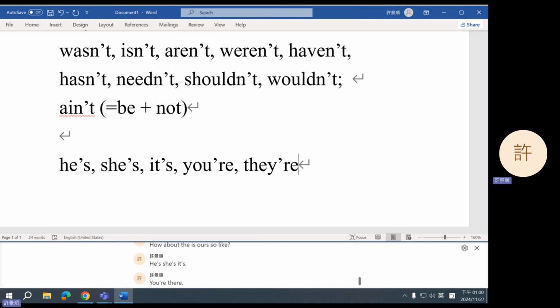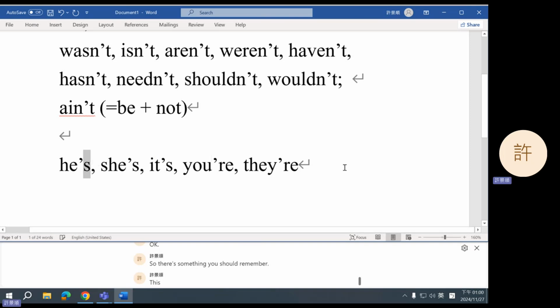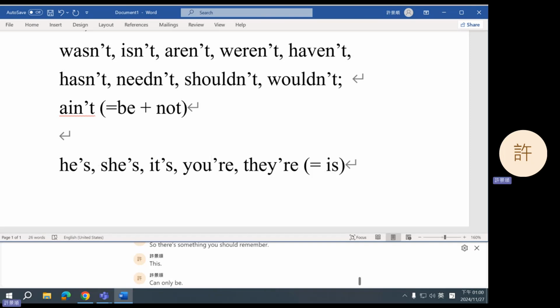Am I missing any? I think that's it, right? Okay, so there's something you should remember. This can only be is. You cannot contract was.